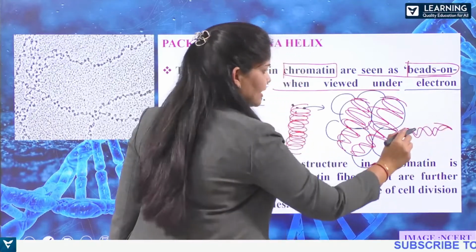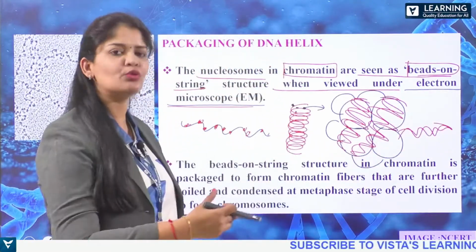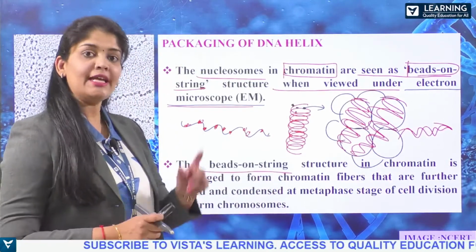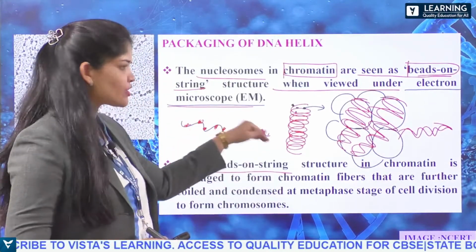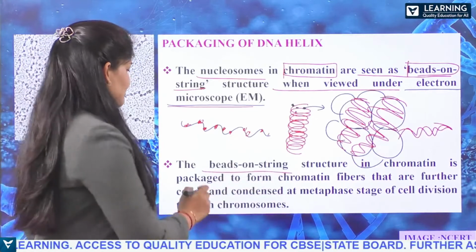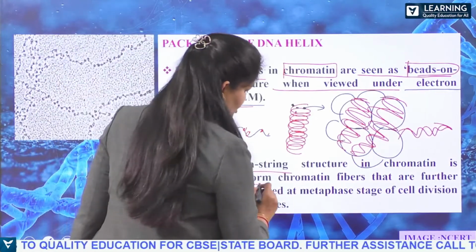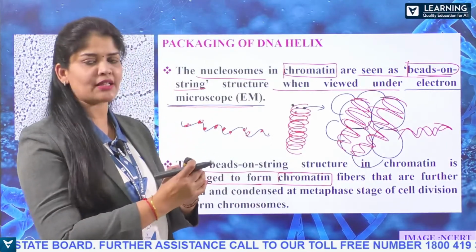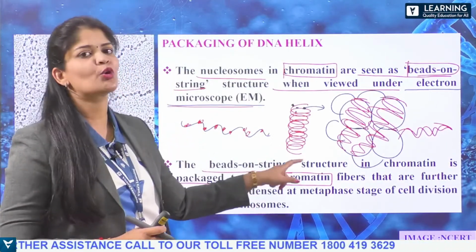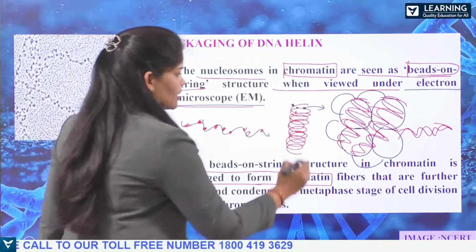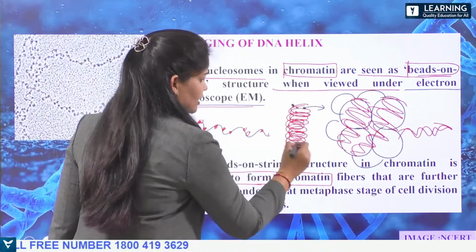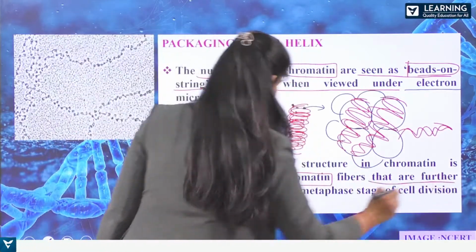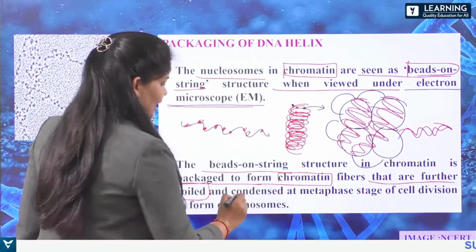In between, link. Then again, it will link with another nucleosome, right? The beads on string structure in chromatin gets compactly packed to form the chromatin fiber, very strongly, compactly coiled, that is further coiled and condensed.